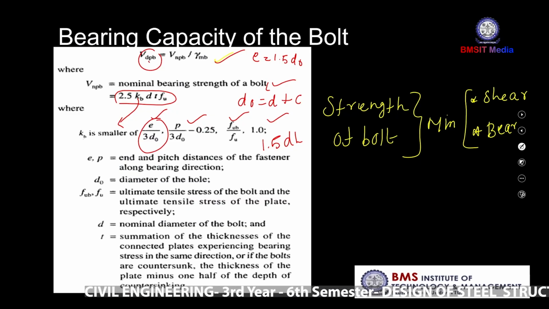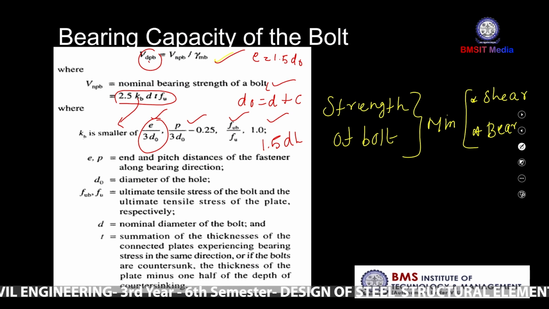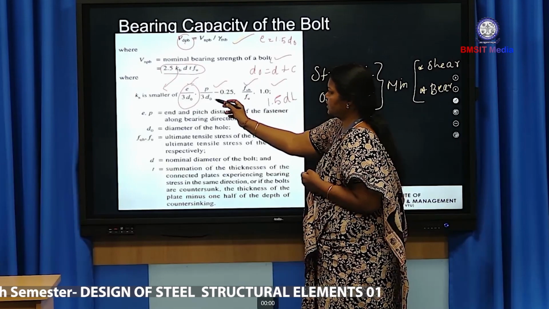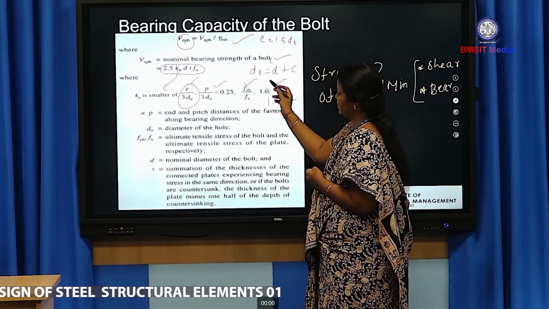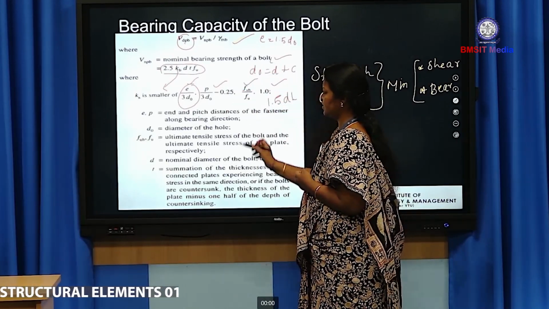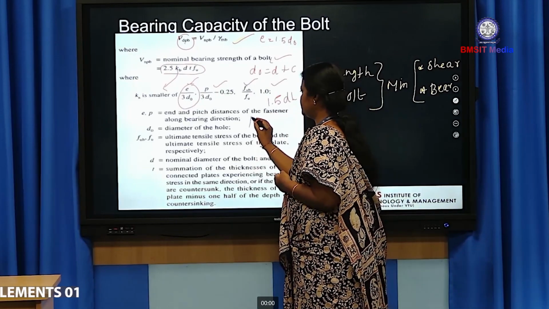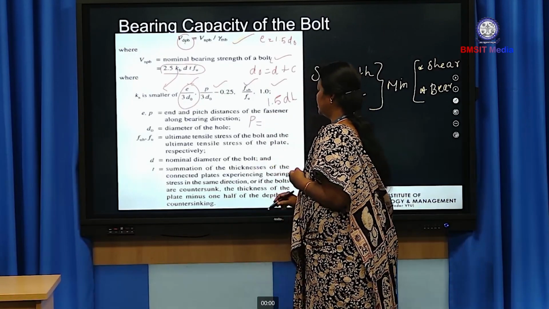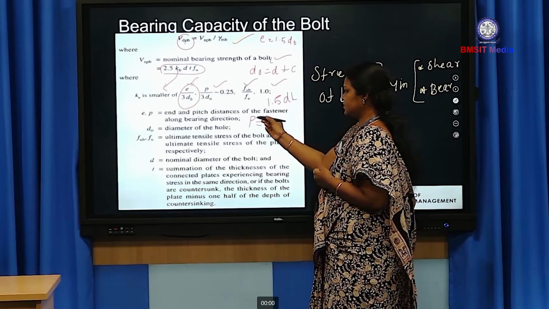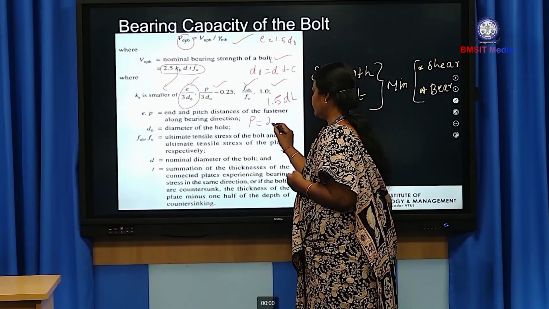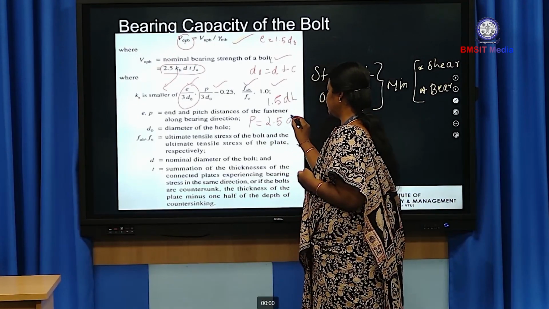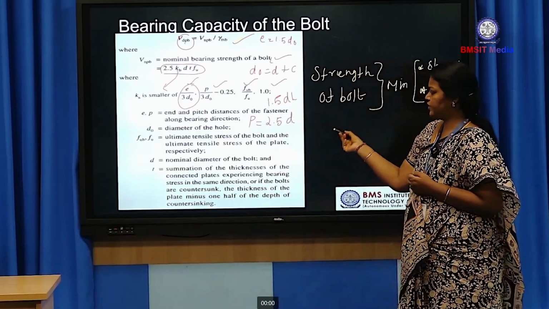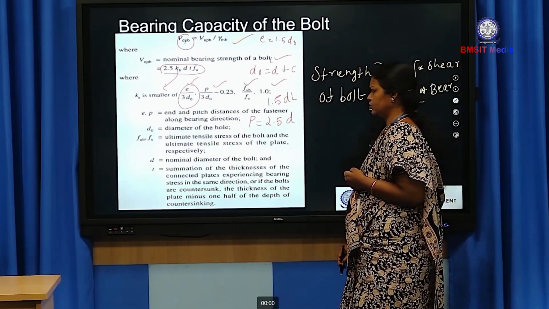Now coming to the second condition, which is p divided by 3d0 minus 0.25. We already know d0, we have calculated it using this formula. What is p? p is the pitch distance. If it is not mentioned in the problem, we can find the pitch easily. The minimum pitch is 2.5 times the nominal diameter of the bolt.